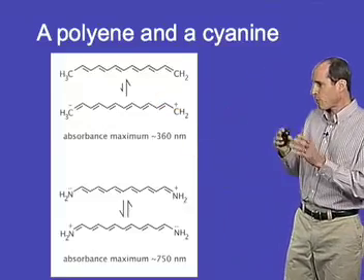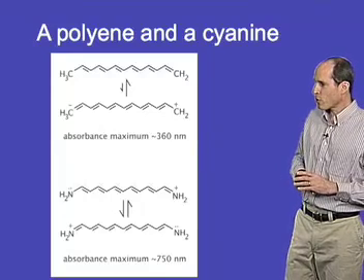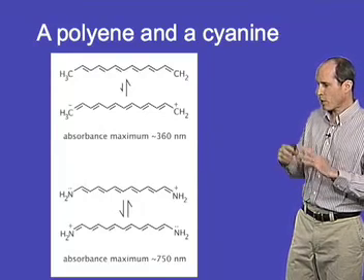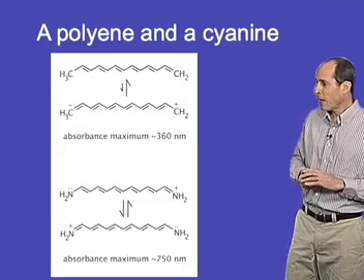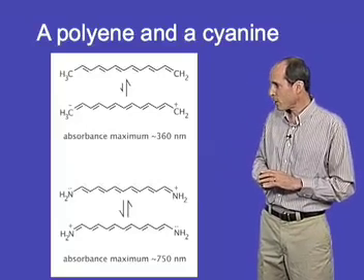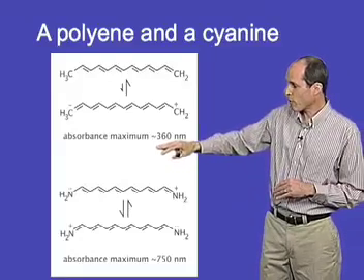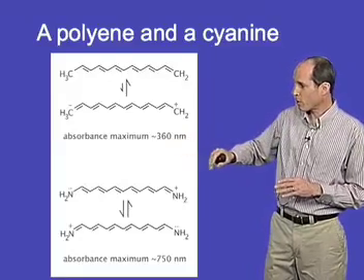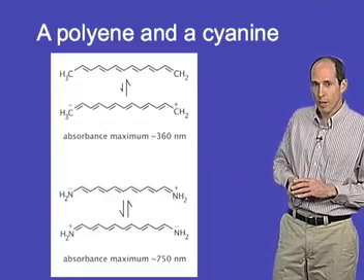And so this back and forth, long, short, long, short, tells us that really the single bonds have virtually exclusive single bond character, the double bonds exclusive double bond character. And to go along with that, the absorbance spectrum of the polyenes is at quite short wavelengths. For example, here we're down in the ultraviolet at about 360 nanometers for the absorbance maximum.